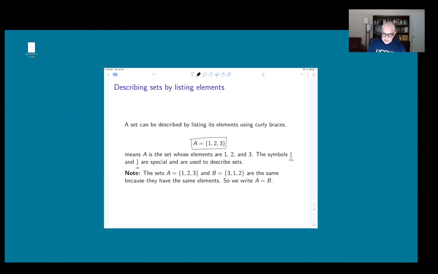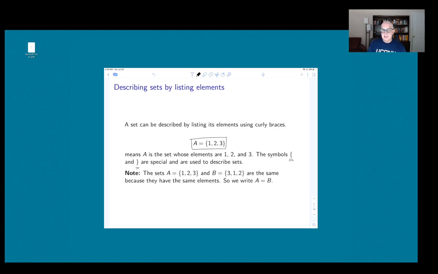One property of the curly braces is that a set only depends on its elements. Two sets are the same if they have the same elements. The set 1, 2, 3 and the set 3, 1, 2 are the same because they have the same elements. So there's an automatic understanding that if you list a group of elements that make up a set, the order doesn't matter.